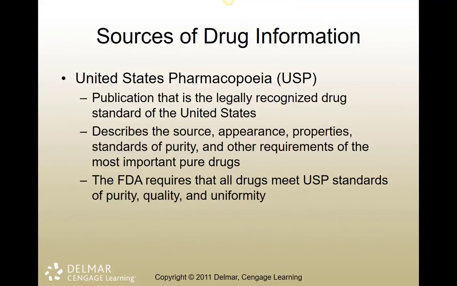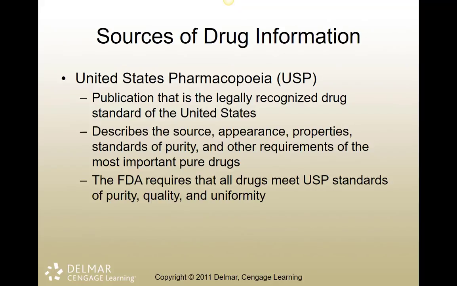If we're looking for information on drugs, we go to something called the United States Pharmacopoeia, the USP. It's a publication legally recognized as the drug standard in the U.S. It's done by the pharmaceutical companies, and it's accepted by the FDA. It describes the source, appearance, properties, standards of purities, and all the other requirements of a pure drug.